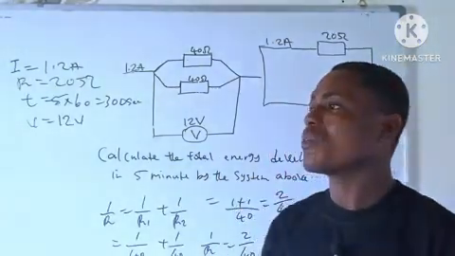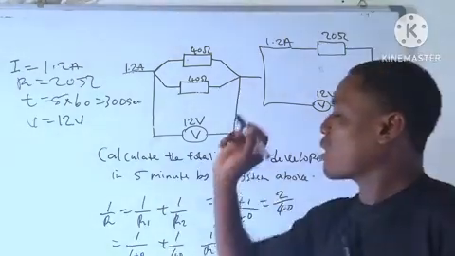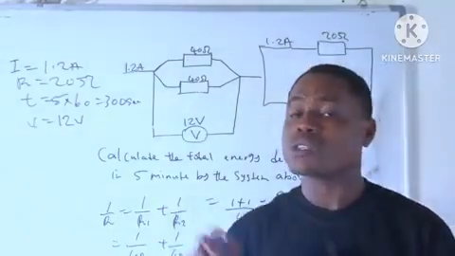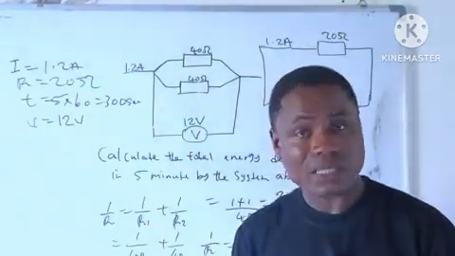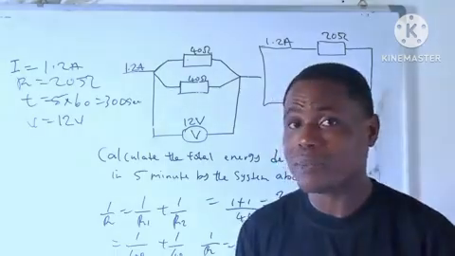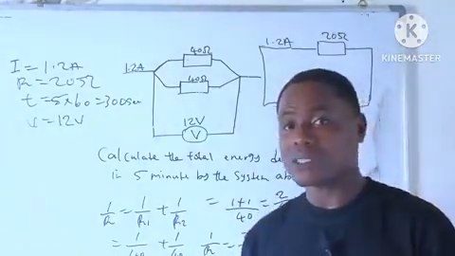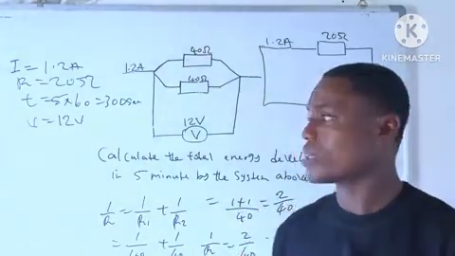What did I say? I said when you are asked either to calculate the electric power or the energy, you can use those formulas. Are you getting me? That's why you have to know those formulas in the exam. You will need either the first one, the second one, or the third one, anyone. Okay, you have to know them. Are you getting it?